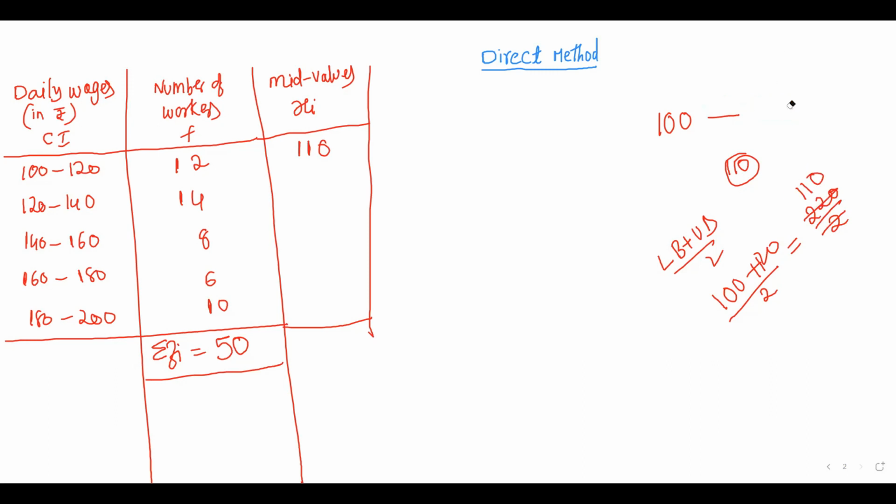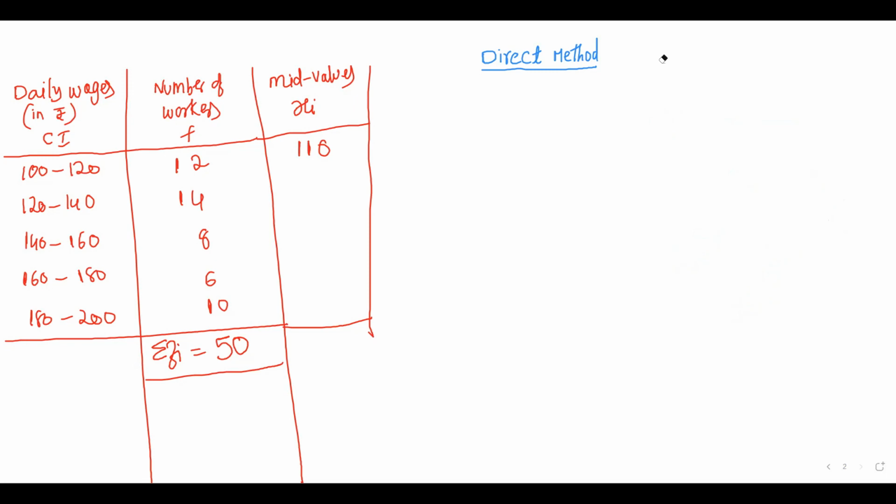Anyhow you will get 110. After getting one mid value, now you can add the size of the class. What is the size of the class? By subtracting two consecutive lower limits, you will get the size of the class. 180 minus 160 is 20. Size of the class is 20.